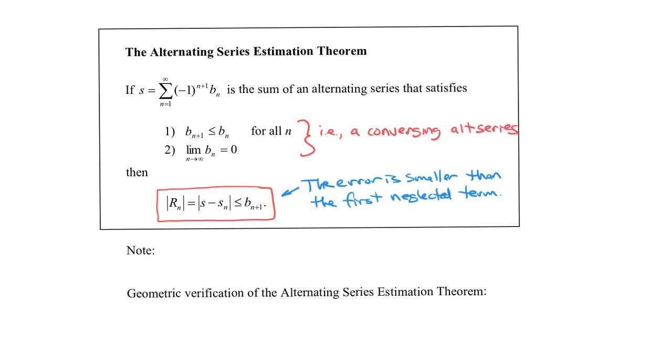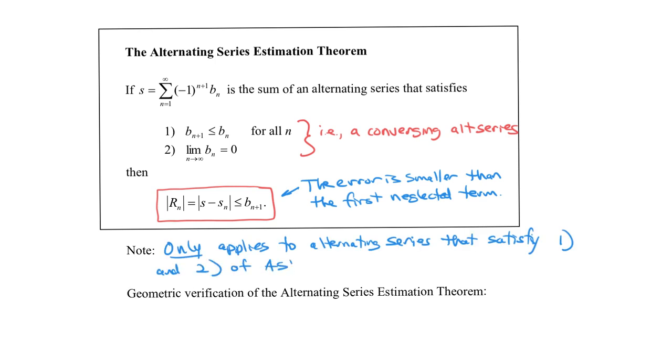This doesn't always apply, it only applies to alternating series that satisfy one and two of the alternating series test. In other words, it satisfies those two conditions. So if the alternating series diverges, this doesn't apply. Only to converging alternating series does this apply.